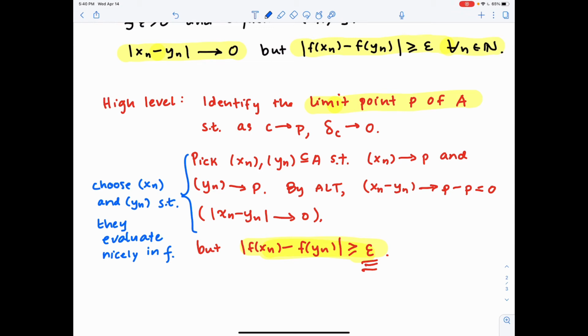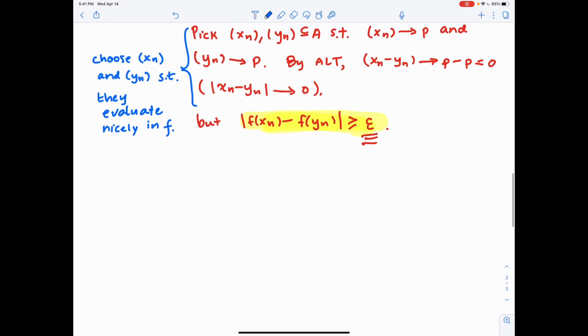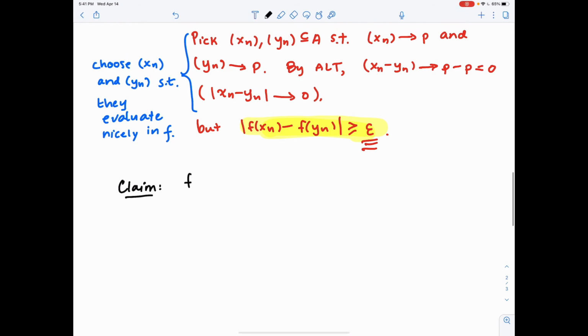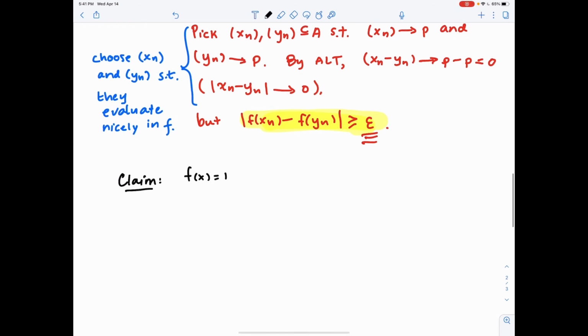So let's go back to our original problem. So we're back to our example. So here we are proving the claim f of x equals 1 over x is not uniformly continuous on the interval 0 to infinity.